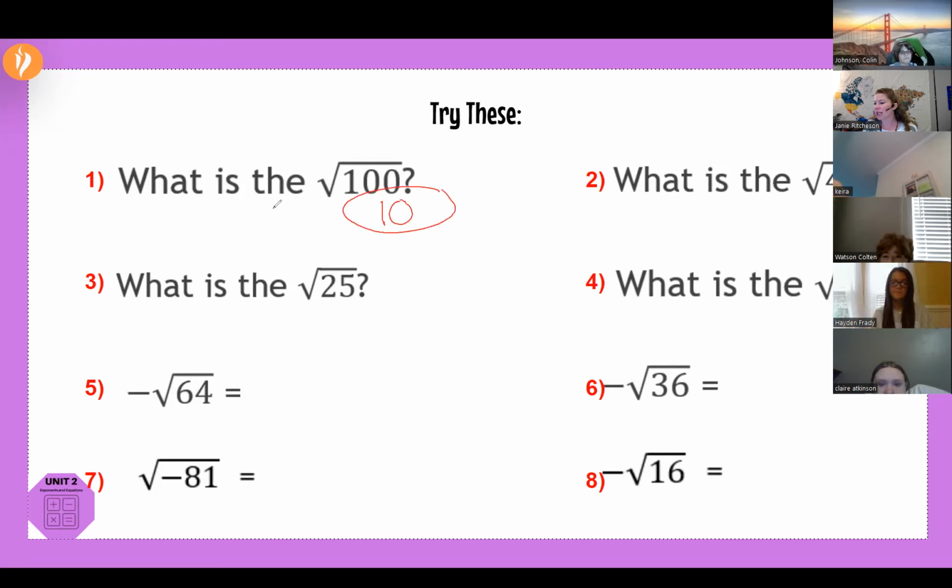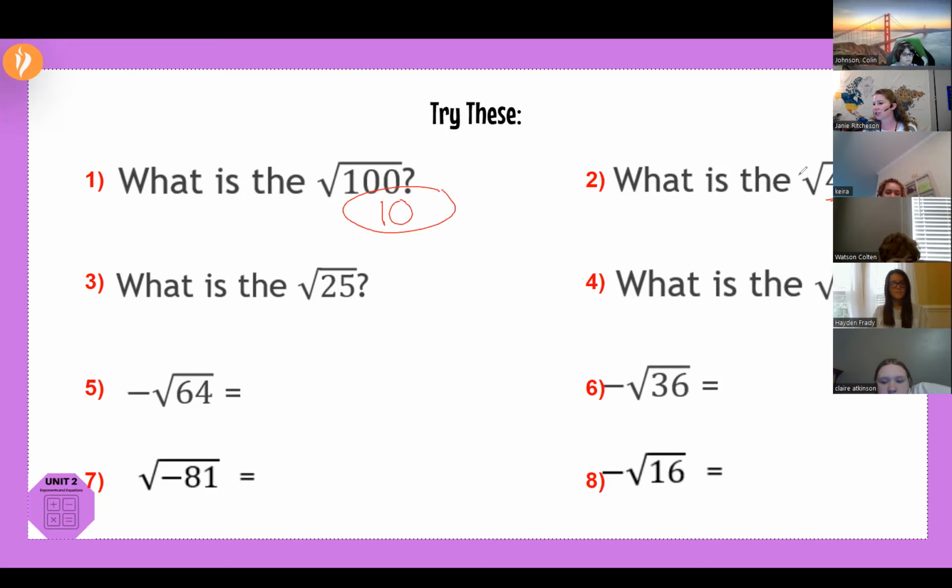All right, number 2, Claire, are you ready? Claire, what is the square root of 49? You can chat it, you can speak it, or you can say, I pass.